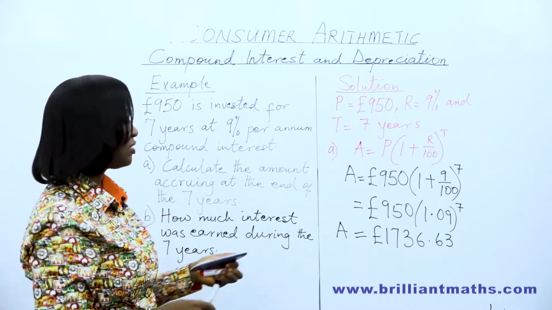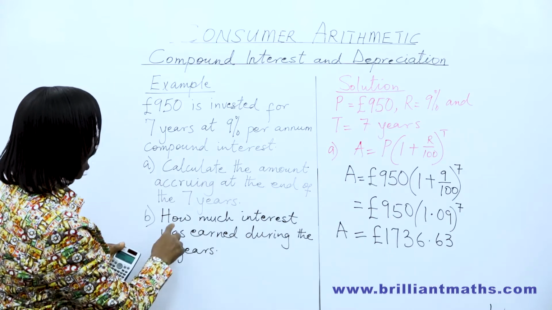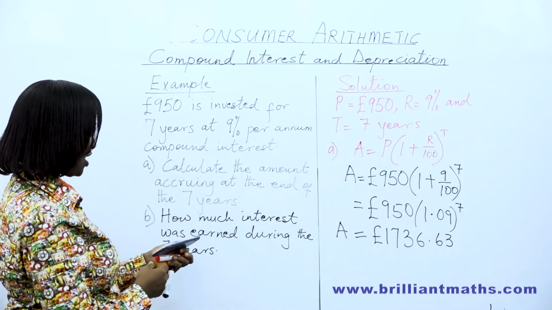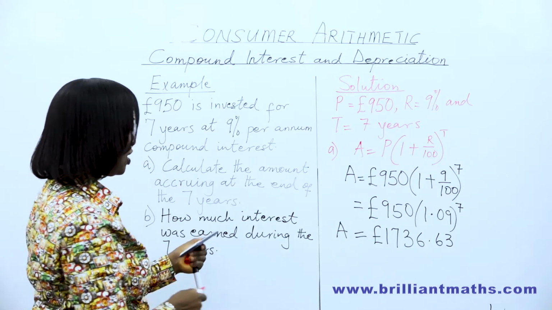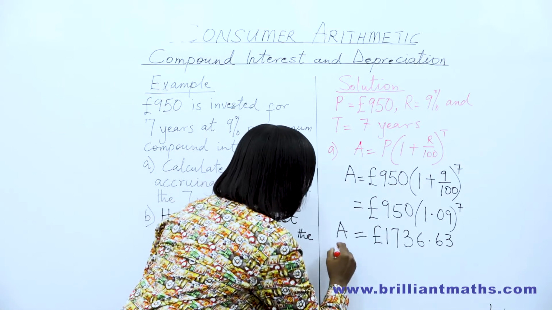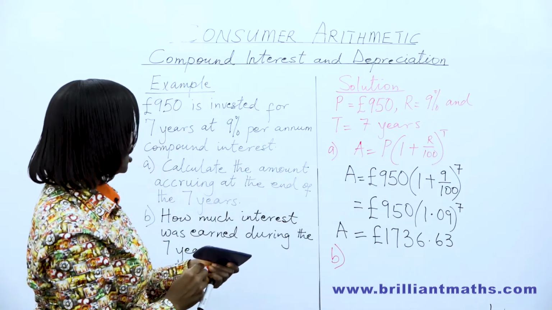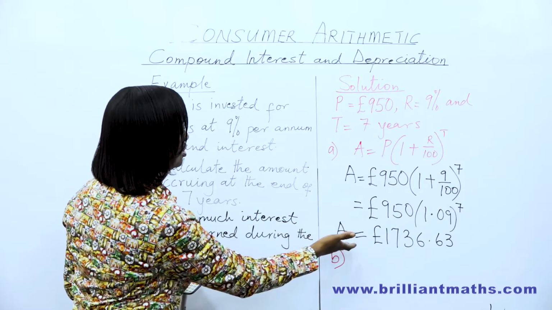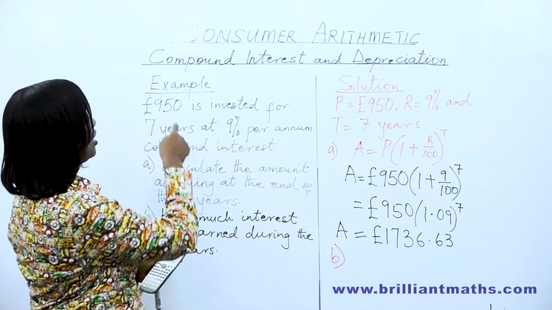Next, the second question is, how much interest was earned during the 7 years? We know that the interest will be the amount, take away the principal.